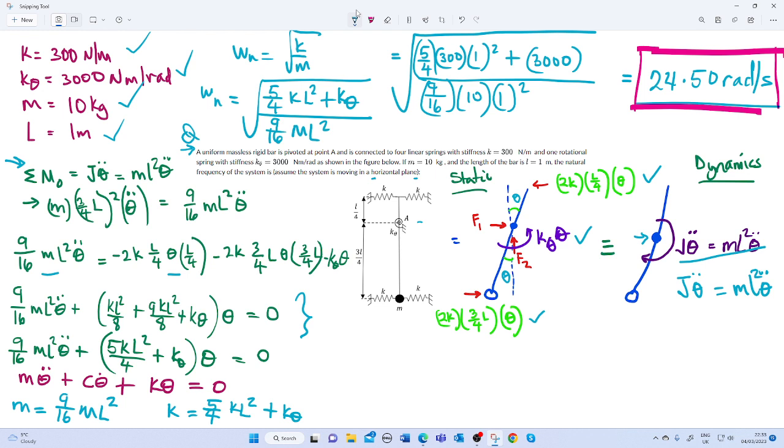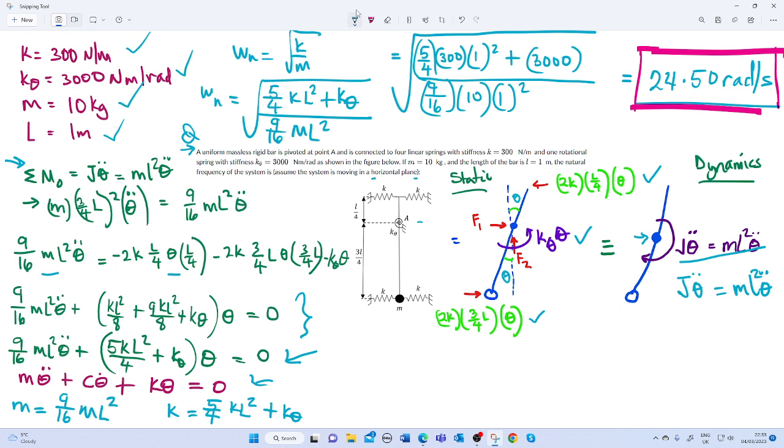From there we can compare our resolved equation to the standard equation of body dynamics, which is m theta double dot plus c theta dot plus k theta equals 0. So we deduce that our m equals 9 over 16 m L squared and our k equals 5 over 4 k L squared plus k theta.